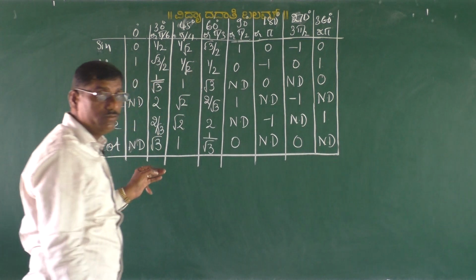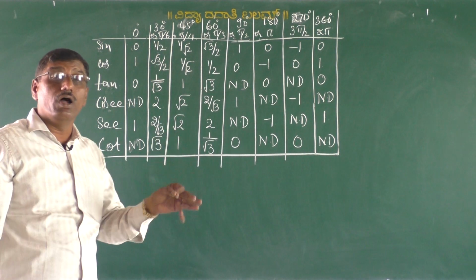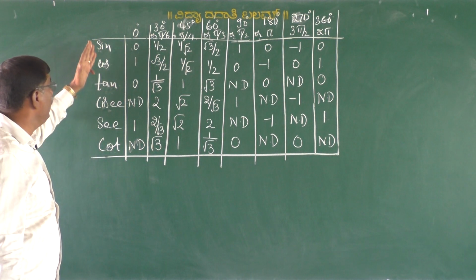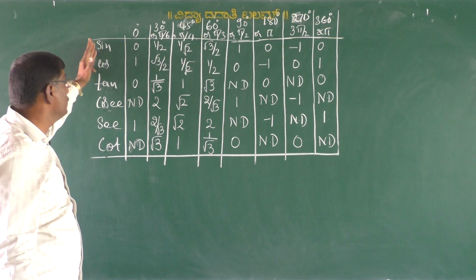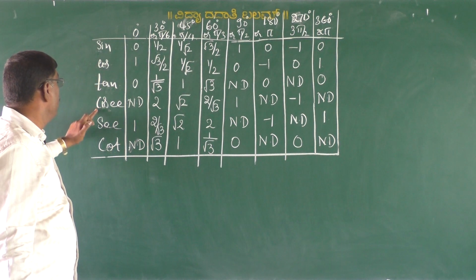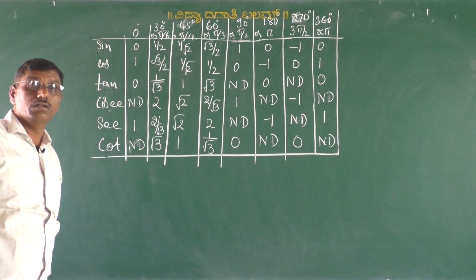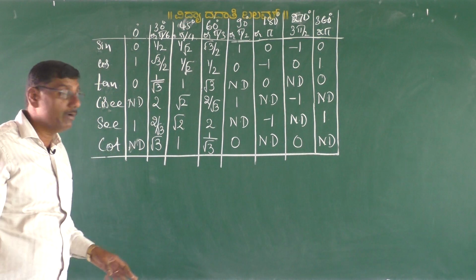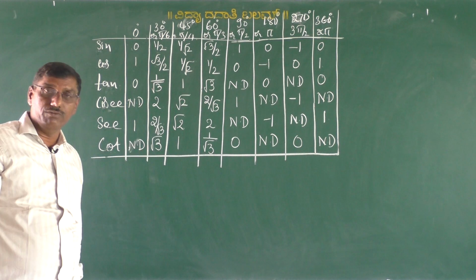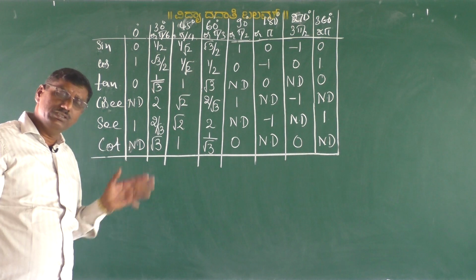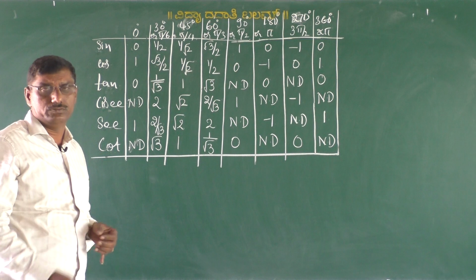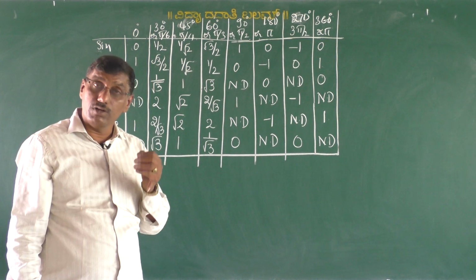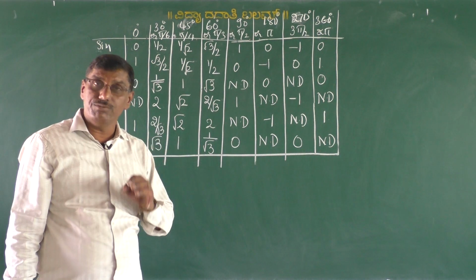These are the values of the standard and quadrant angles for the 6 trigonometric functions: sine, cos, tan, cosecant, secant, and the last one is cot, my dear students. Now we have to keep in our mind these are the values we need. Extending these, we also have the values: sine 15 degree, sine 105 degree, sine 75 degree.